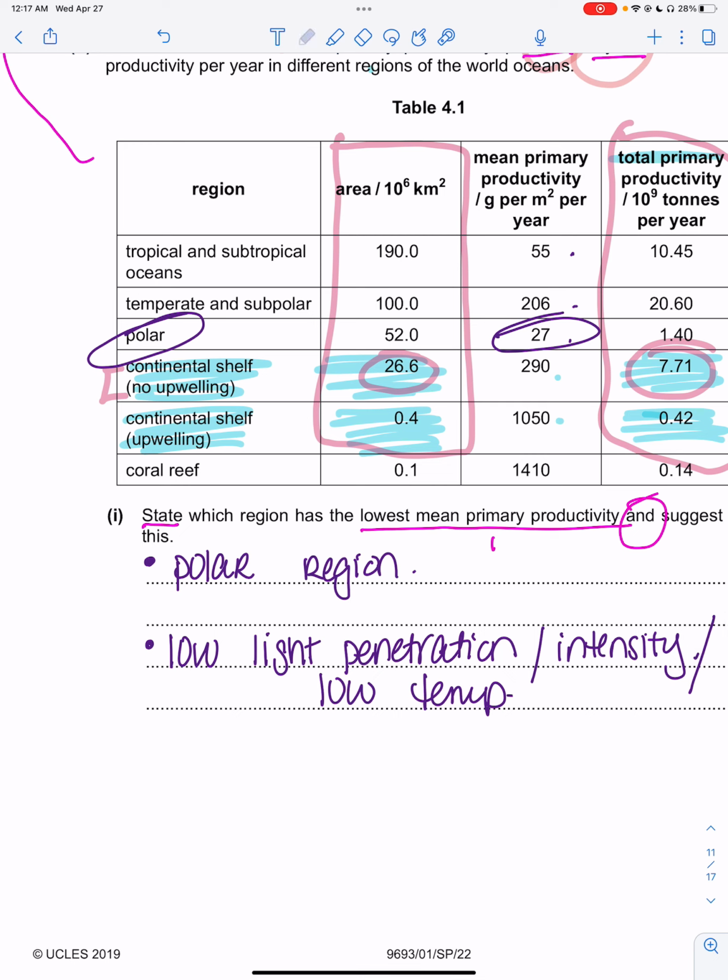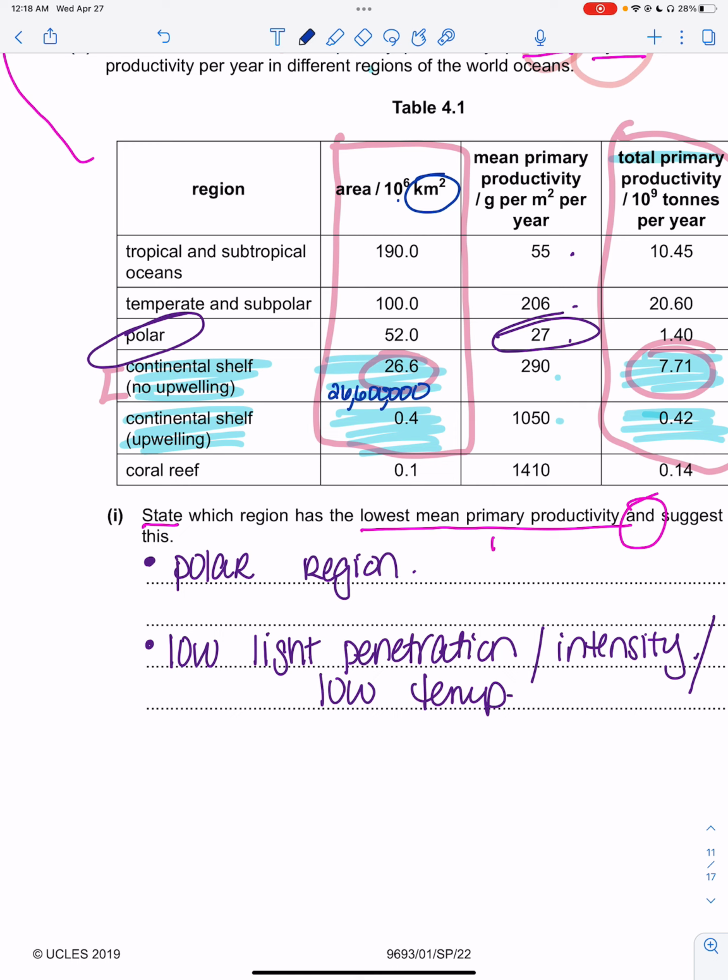And that's large, y'all. So that's like 26 million square kilometers. I just took it out of scientific notation. So instead of saying 26.6 times 10 to the 6, I just did that for us.